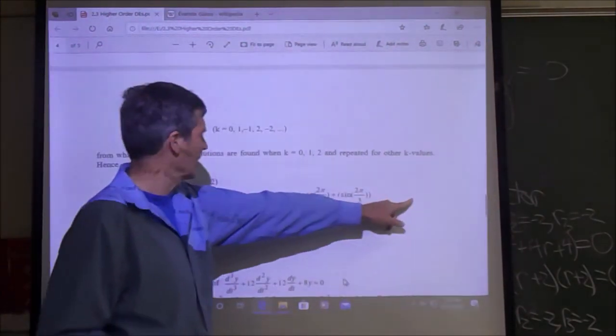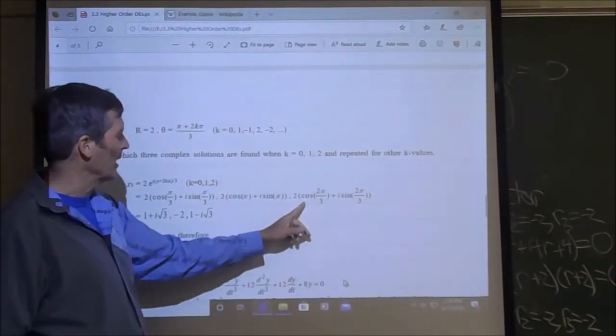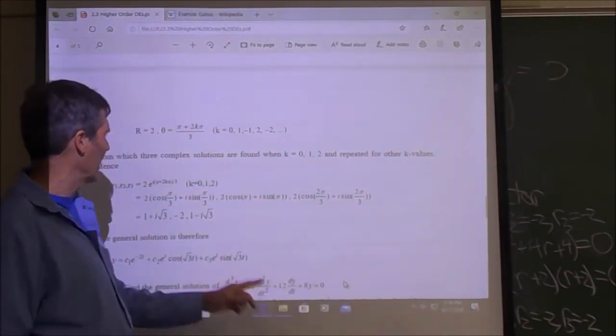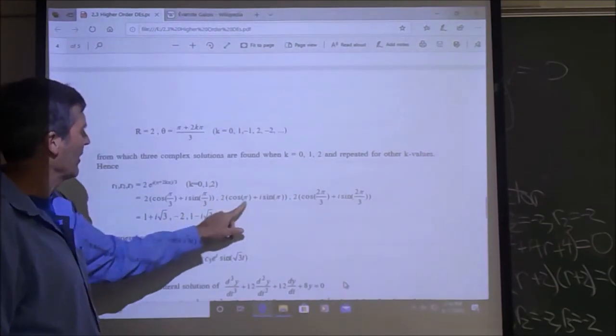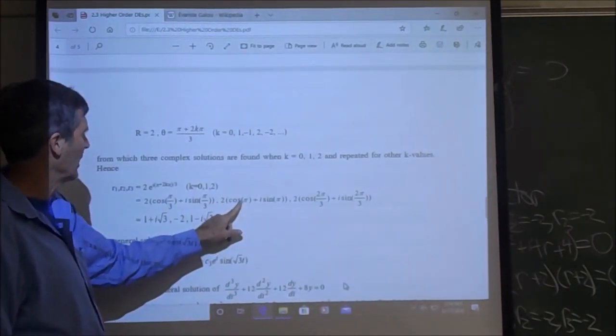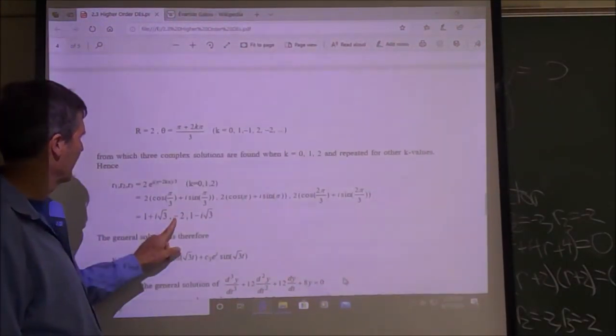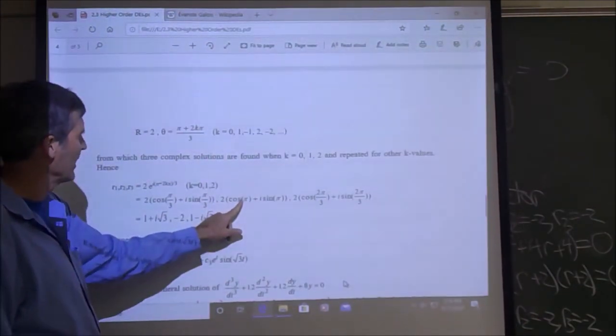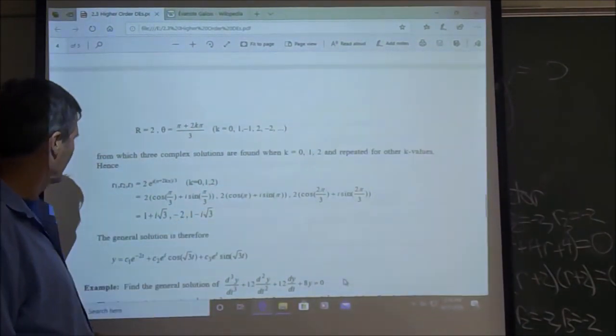The one I didn't write on here, twice cosine 5 pi over 3 plus i sine 5 pi over 3, gives you this one. And this one, cosine pi is negative 1 and sine pi is 0, so you get negative 2 here.